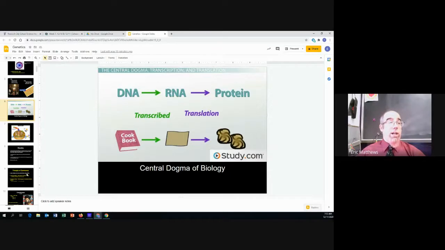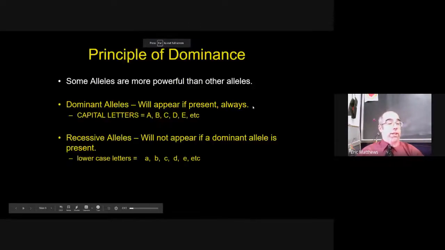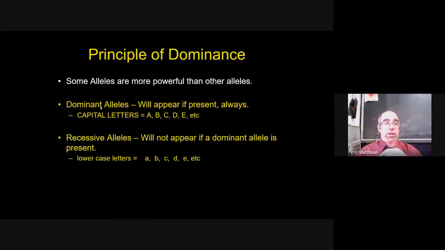All right, so let's talk a little bit more about how our genetics works. As we talked about yesterday, we mentioned the term dominant versus recessive. Now let's talk about how we're actually going to record and work with them. So dominant alleles are denoted as capital letters. If they are present, then they will appear. Meanwhile, recessive alleles will not appear if a dominant allele is present.